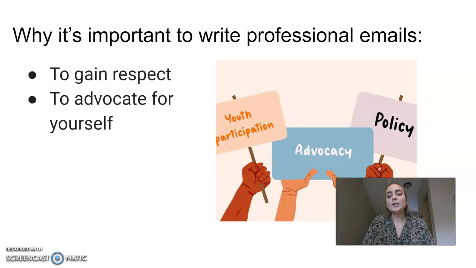So when you're communicating with people like teachers or your boss at your job, maybe on job applications or college applications, or even if you're communicating with community leaders or policymakers, it's really important to communicate professionally so you're taken seriously, given that respect, and you're able to advocate for yourself.